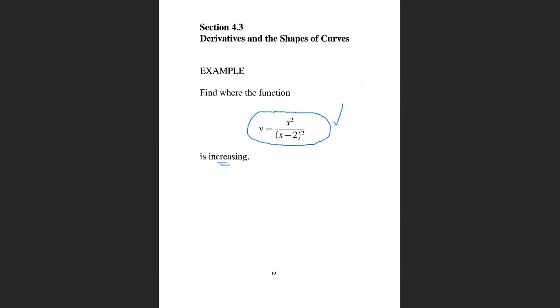So, okay, to find out where the function, and I should say there is a correction here. Find out where the function is increasing and also decreasing, right?